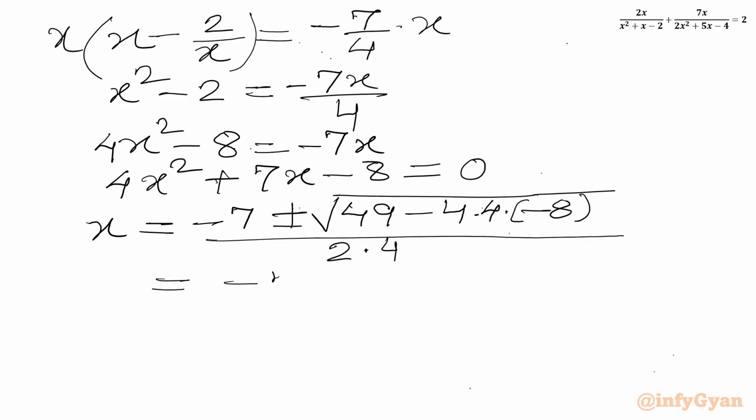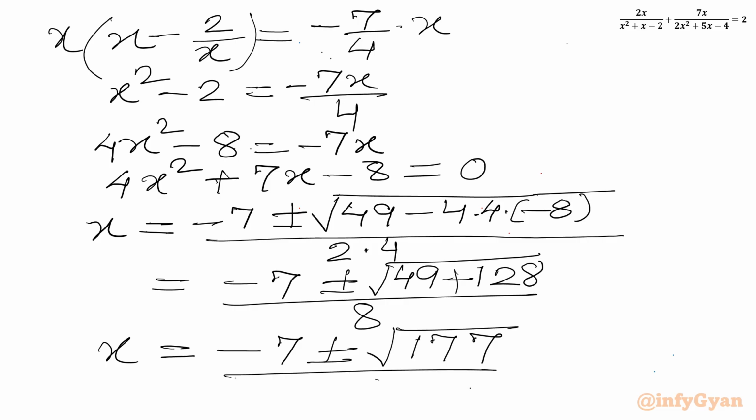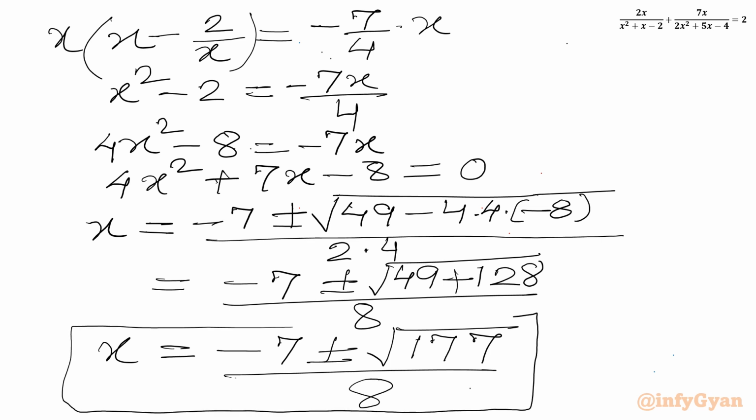That will be equal to minus 7 plus minus square root of 49 plus 16 times 8, 128, over 8. So x will be equal to negative 7 plus minus square root 177 over 8. So again we have two real solutions.